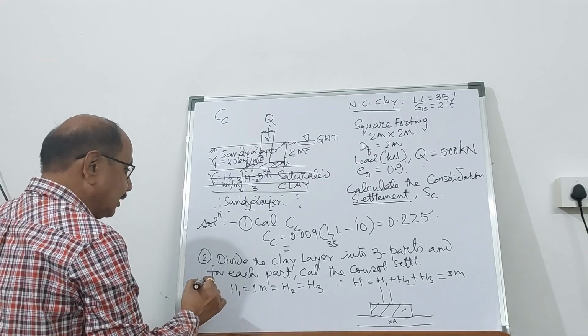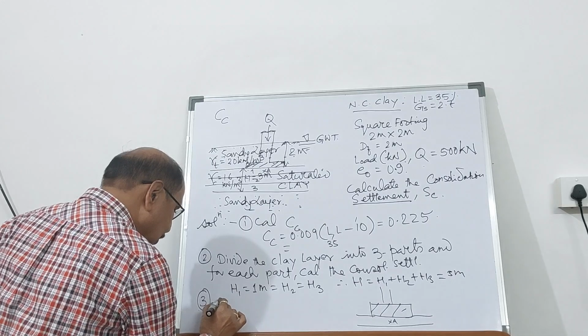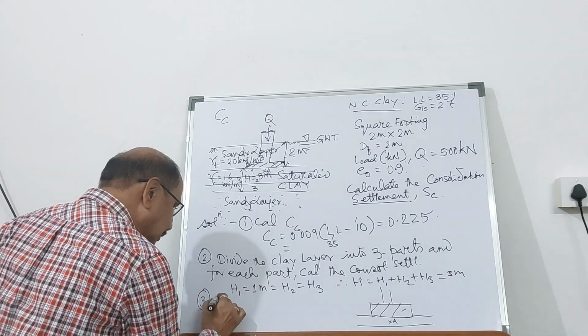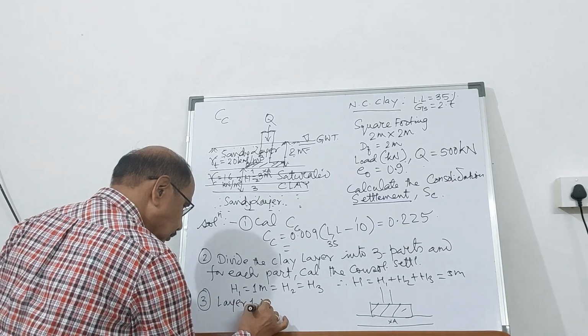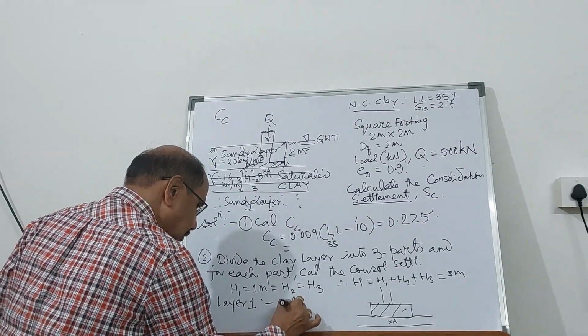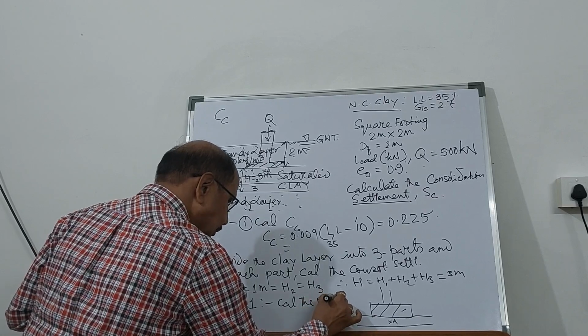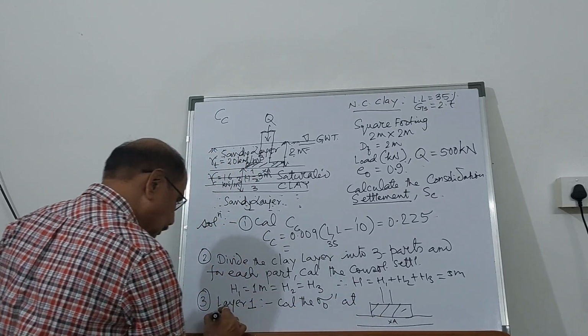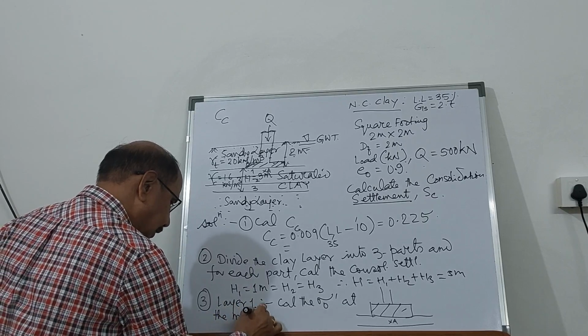Therefore, effective overburden pressure, you can calculate it at A. So for layer 1, calculate the effective overburden pressure at the midpoint.